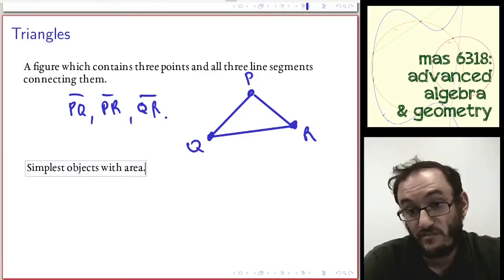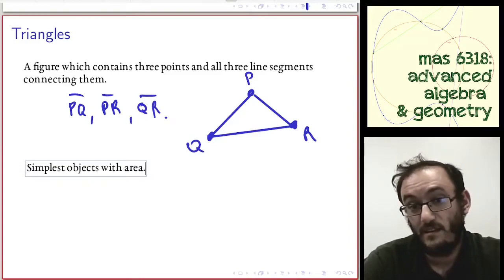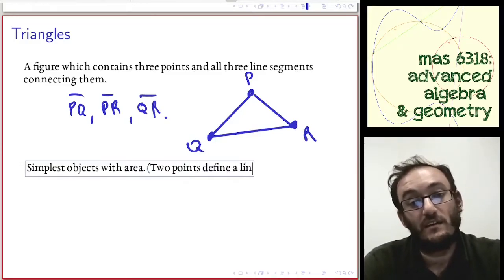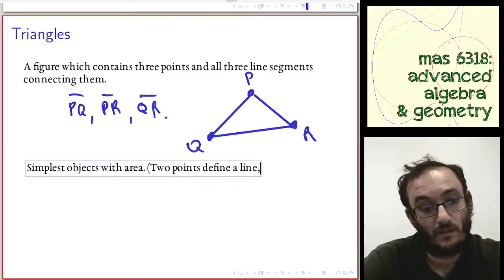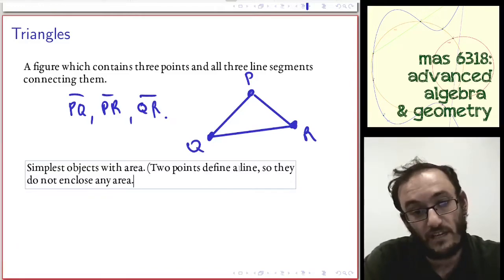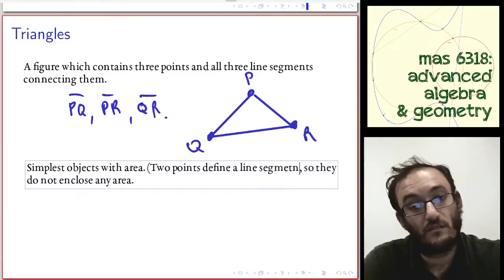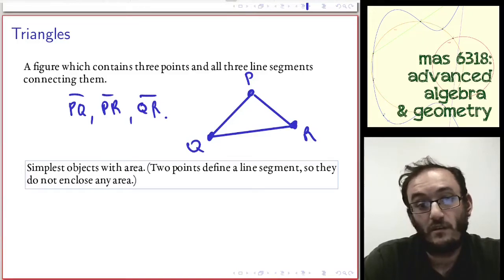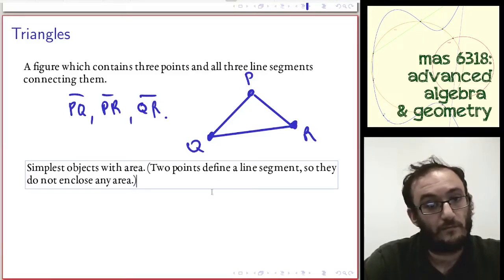Because if you try to define anything with just 2 points, that's not going to have area. 2 points define a line, so they do not enclose any area, or really define a line segment. Whereas a triangle has 3 points which enclose area. Okay.